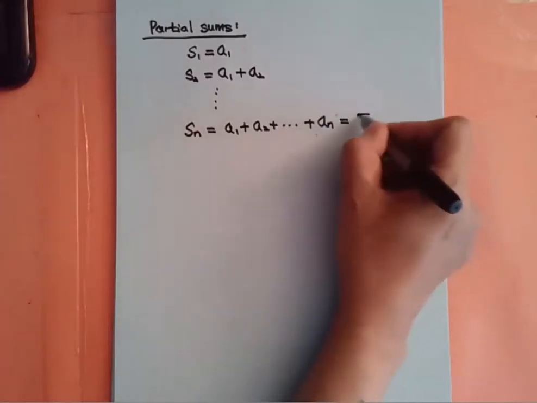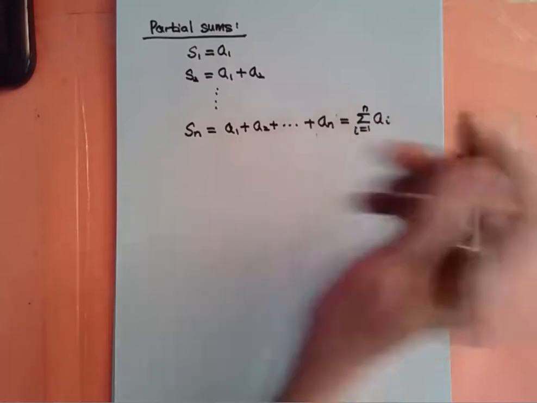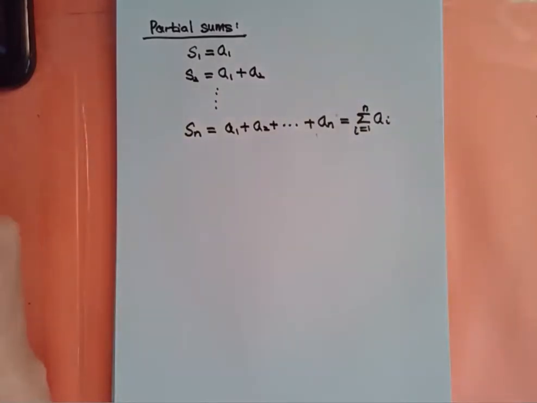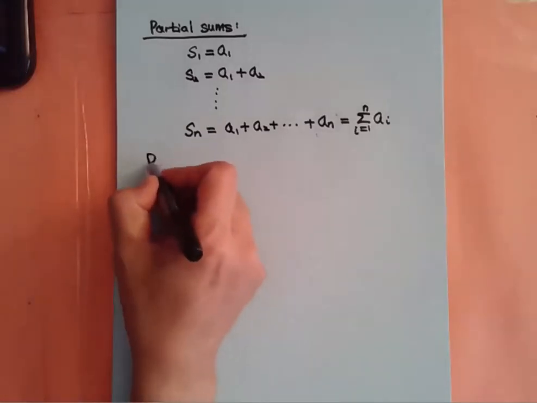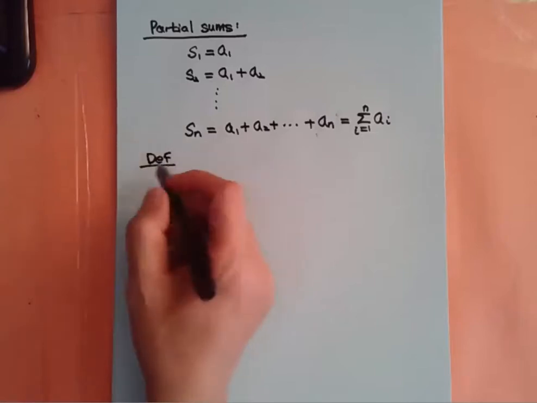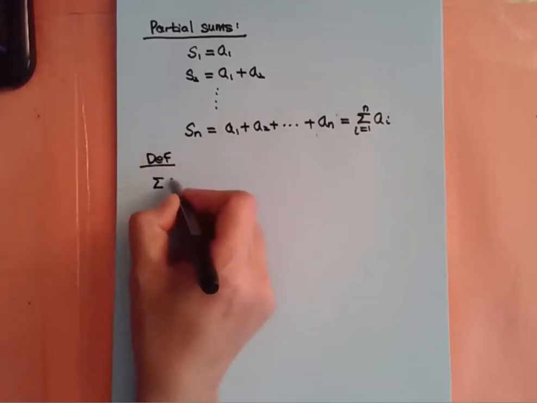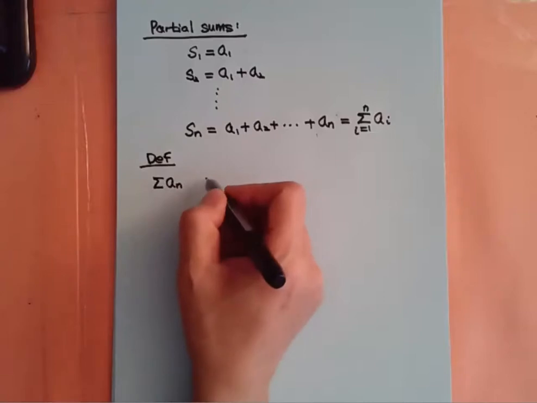So we can rewrite that as the sum from i equals 1 to n of a_i. Then we consider the summation of a_n, which is an infinite series.